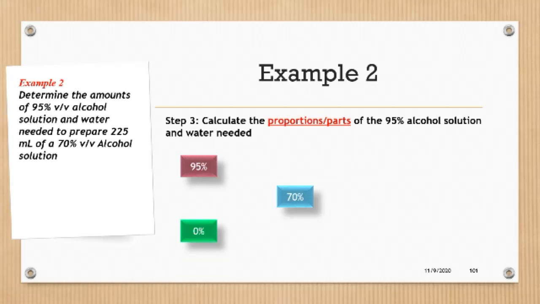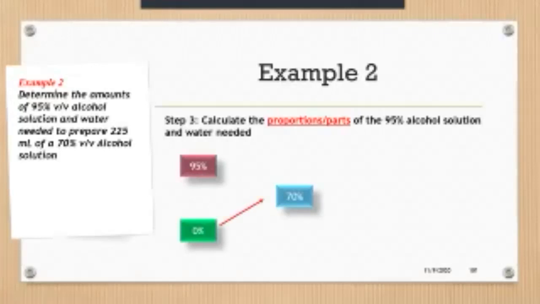Similarly, in previous lectures, if we're using the pure ingredient, the concentration would be 100%. If you're using a diluent like water, then the concentration of the active ingredient in water would be 0. All right, so we're going to do our diagonal shenanigans.